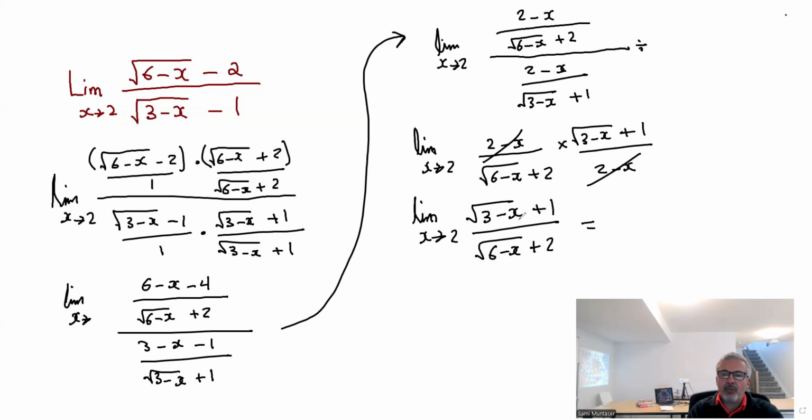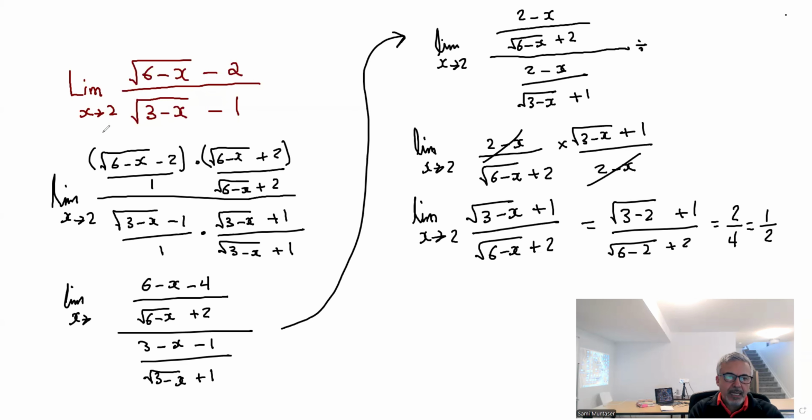Now we put in the 2 for the x, and we're going to get √(3 - 2) + 1 over √(6 - 2) + 2. Now 3 minus 2 is 1, square root of 1 is 1, plus 1 is 2. And 6 minus 2 is 4, square root of 4 is 2. 2 plus 2 is 4 on the bottom right here, and therefore this reduces to 1/2.